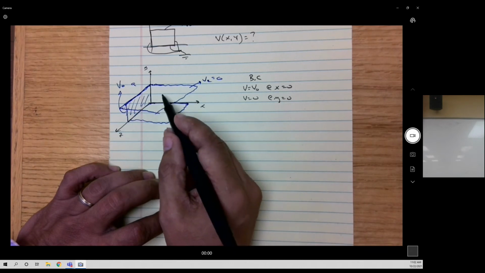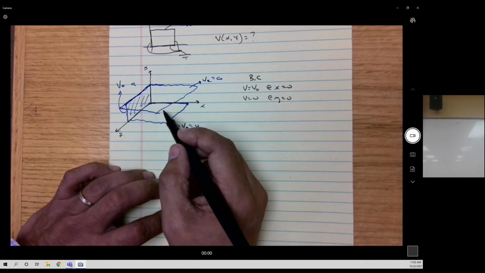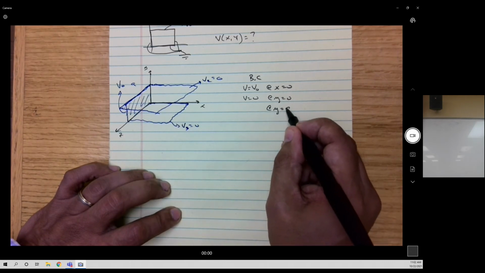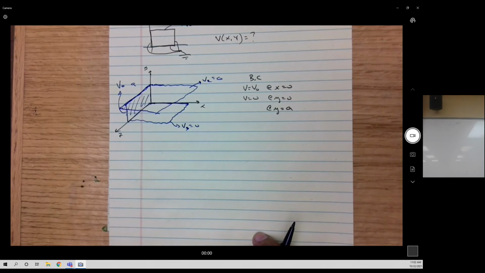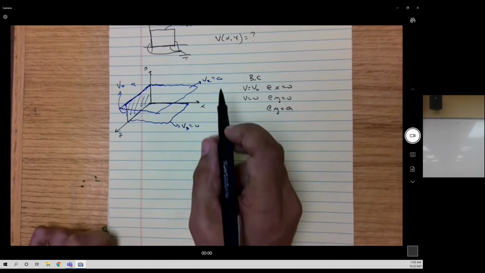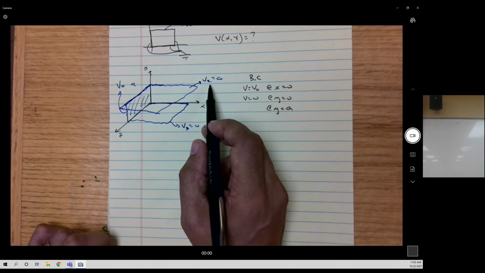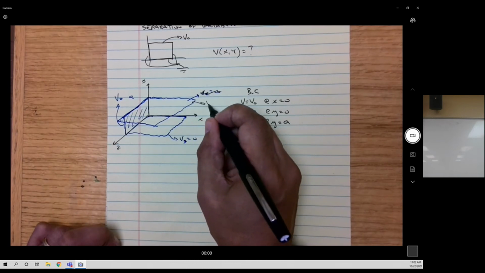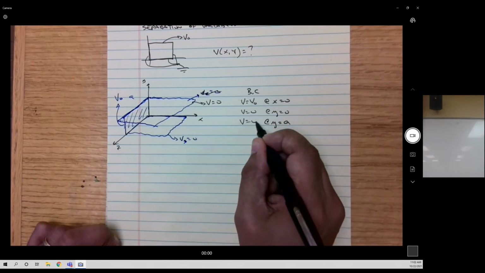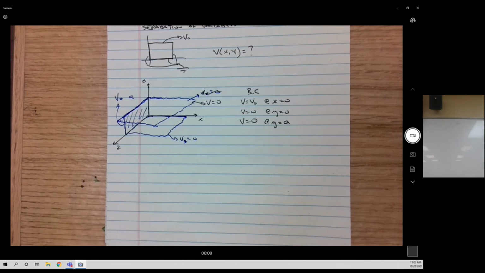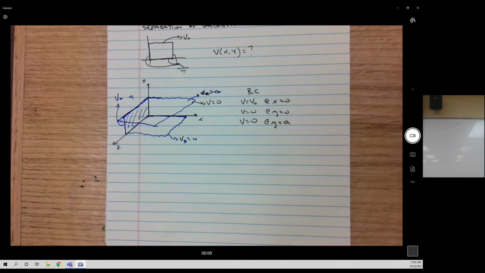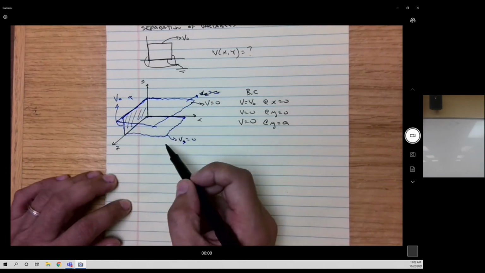What's the value of Y for this plate? A. So what will be V when Y equals A? No, that's just V. So here we'll have that one. Okay, so these are the three boundary conditions, these three places that we know.